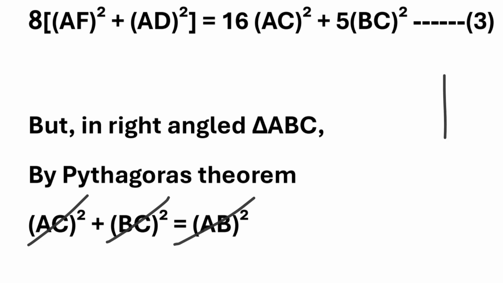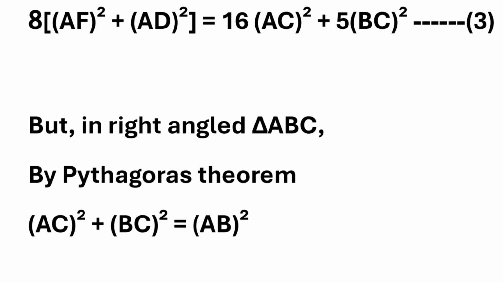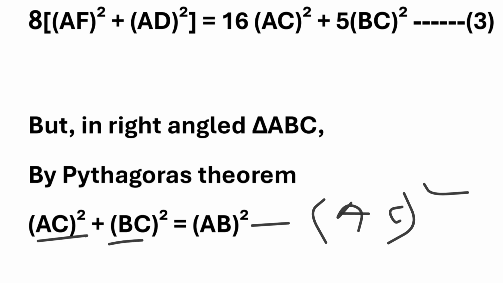That is the biggest right angle triangle, with A here, right angle at C here, and B here. Now we take this AC square to the right side, then it becomes minus, means BC square is equal to AB square minus AC square.